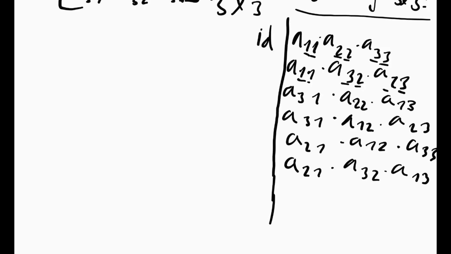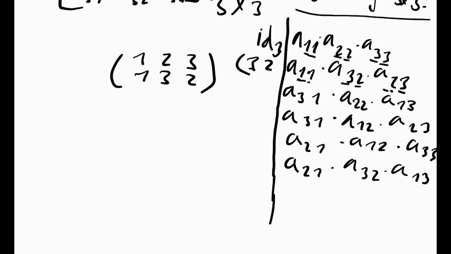We can just say ID, or ID sub 3 because it's 3 letters. Then A11, A32, A23, the second row, we only care about what this gives us. 1, 2, 3 going to 1, 3, 2, we just did it. So that gave us the (2 3) or (3 2), that's the same.